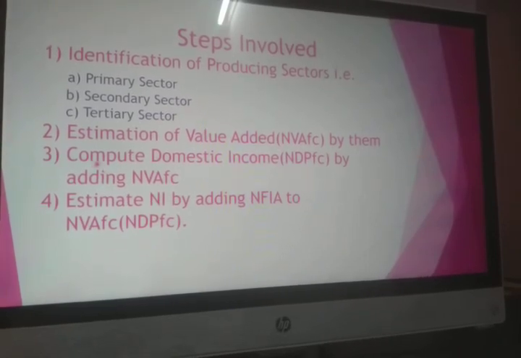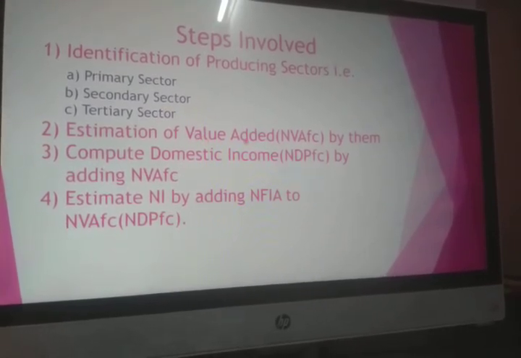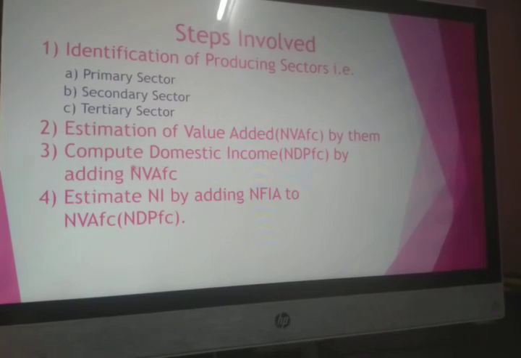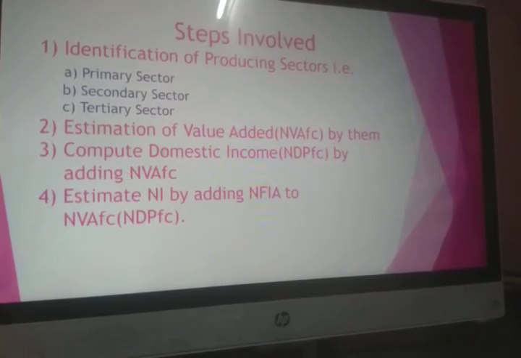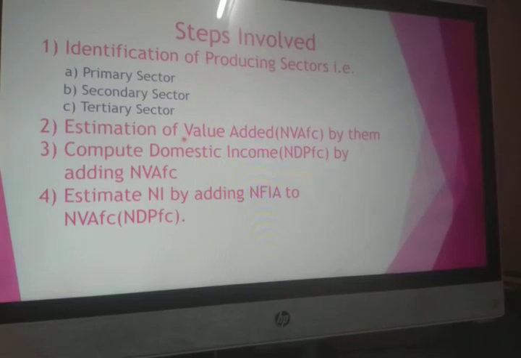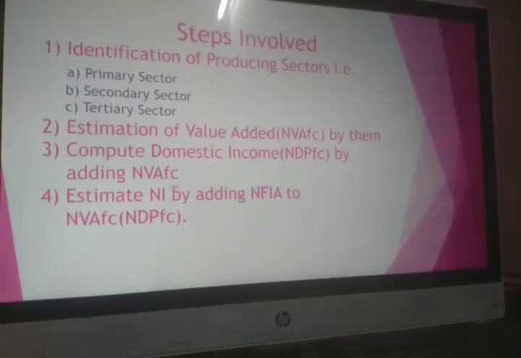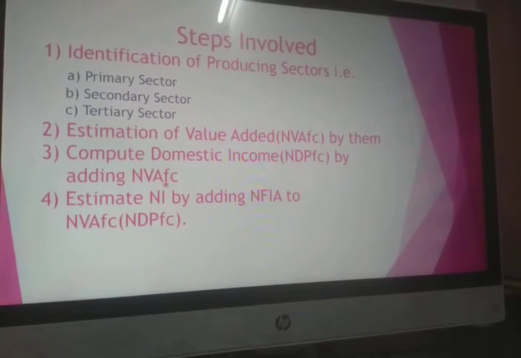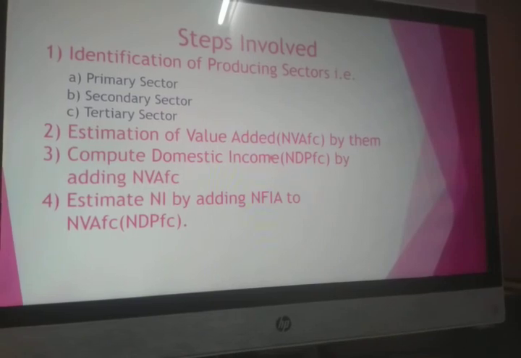Then, from this value addition, we find out the domestic income. Actually, this is net value added at factor cost. So if we add up the values of individual firms, we come to domestic income. That means the NVAFC of the country is known as domestic income.